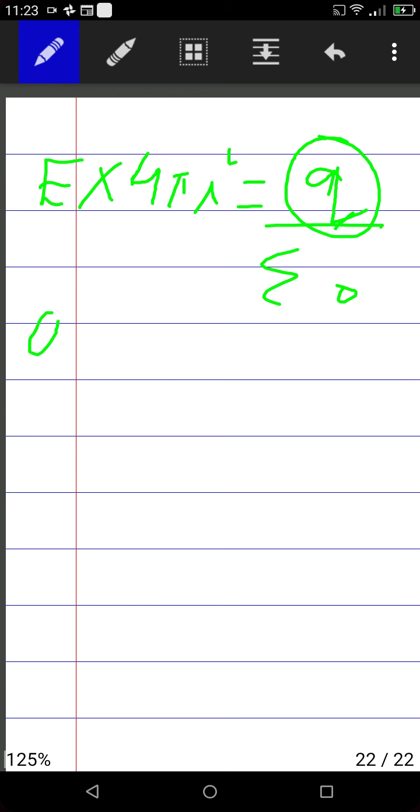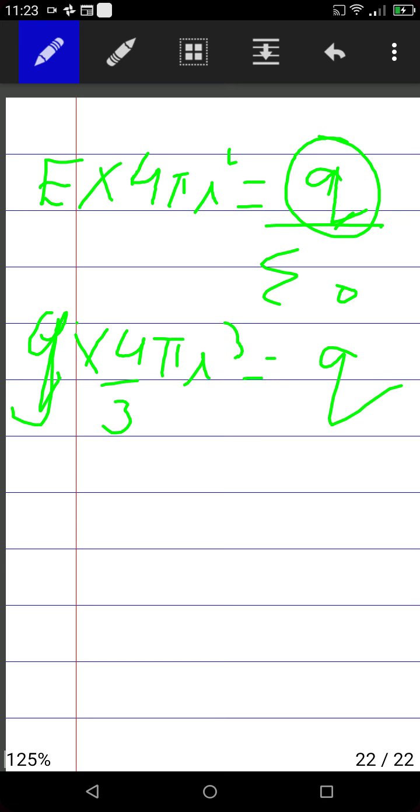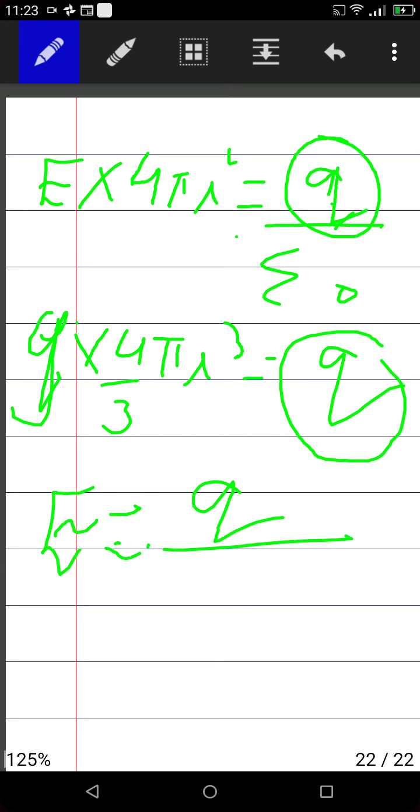So we have already done this: rho into 4 by 3 pi r cube is equal to small q, that we already wrote. So in place of this q, we will substitute this part. E is equal to q by, we have to substitute. No, I forgot.